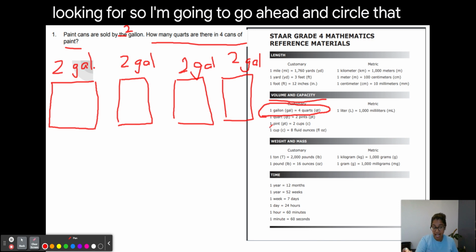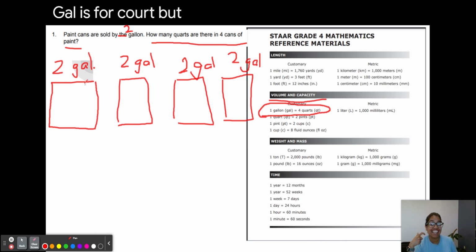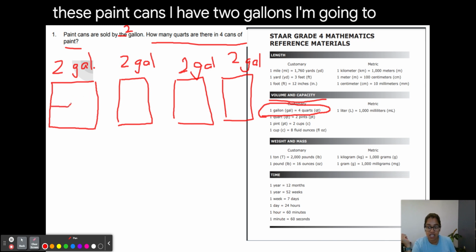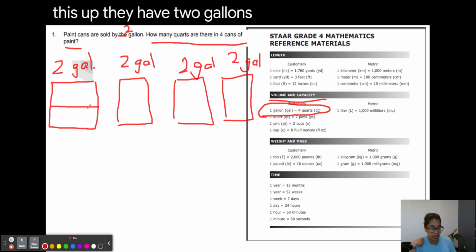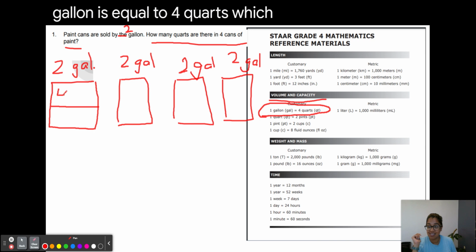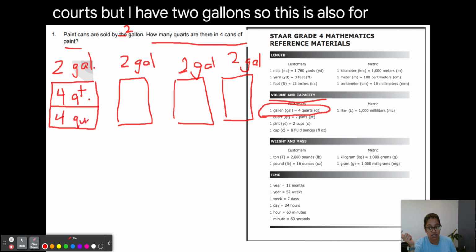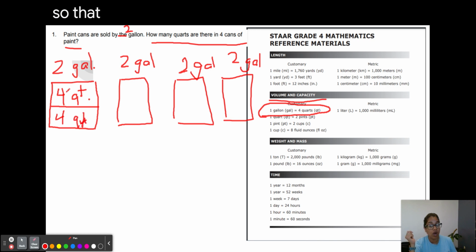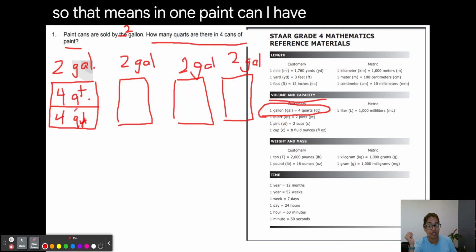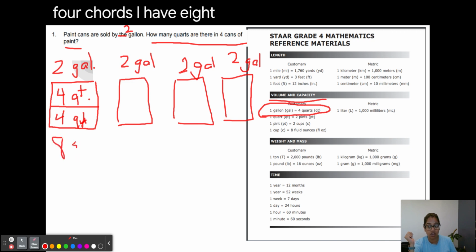Now, 1 gallon is 4 quarts, but in each one of these paint cans, I have 2 gallons. I'm going to split this up. I have 2 gallons in each paint can. So 1 gallon is equal to 4 quarts, which means this part is 4 quarts, and this is also 4 quarts. So in one paint can, I have 4 quarts plus 4 quarts, 8 quarts altogether.